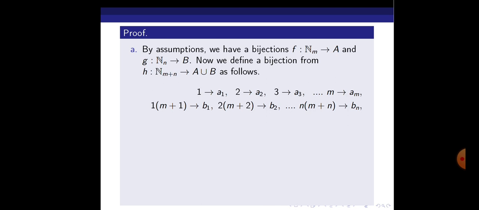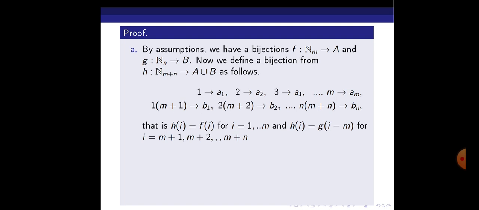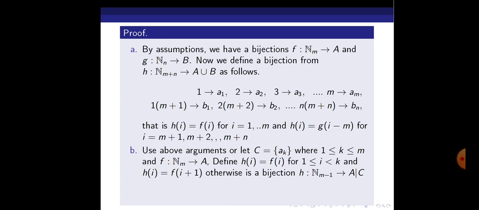That is, h of i is g of i minus m for i varying from m plus 1 to m plus n. So h of m plus 1 is g of 1, that is g of m plus 1 minus m, and h of m plus 2 is g of m plus 2 minus m, which is g of 2, which is b2.